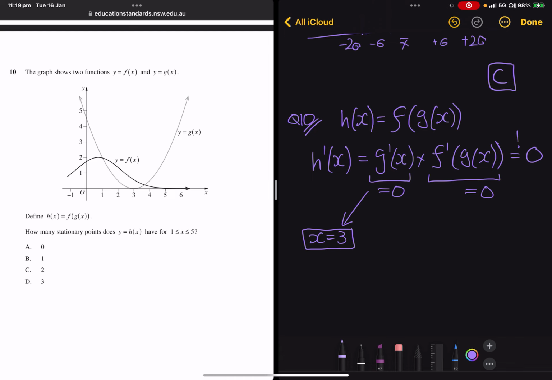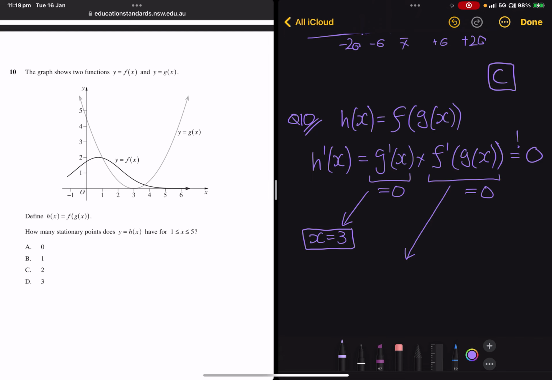A second possible solution comes from f prime of g of x being equal to 0. Now, what we are looking at is f prime of x. This is the bell curve looking function. And then we're evaluating it at g of x. So we have to ask ourselves, when does y equals f of x have a flat tangent?